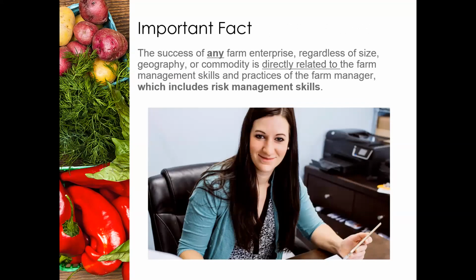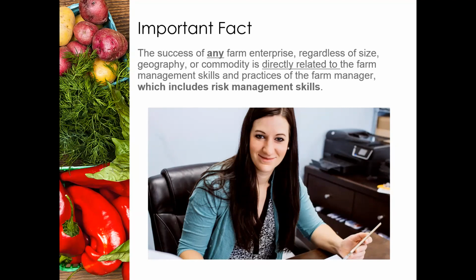An important fact that I just want to highlight quickly is that when we look at business management or risk management, and we also look at farms that are successful, we can see a direct correlation between the planning activities, the risk management activities, the business activities of the farm, and how much of that's being done versus the success of the farm.